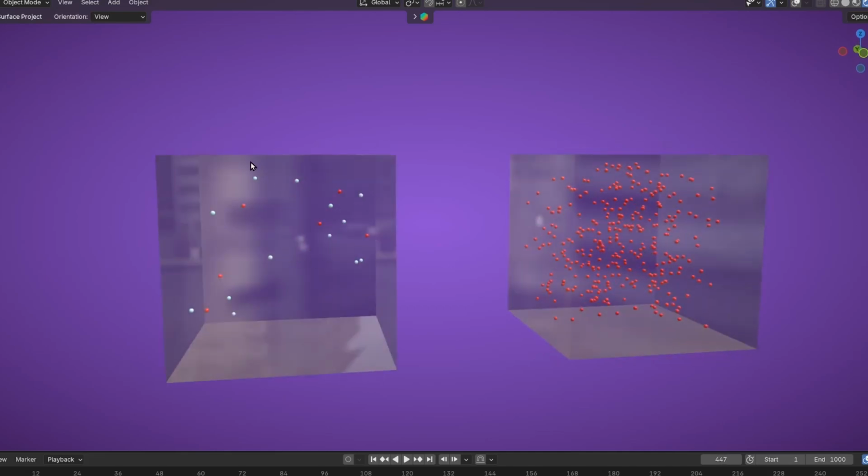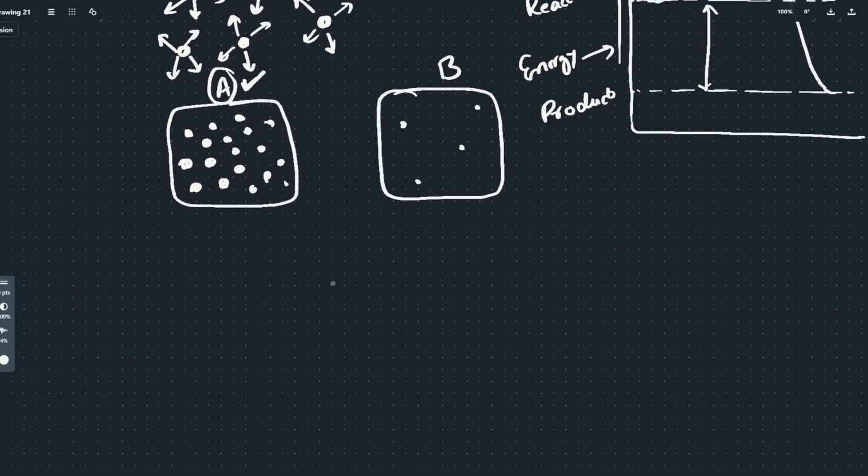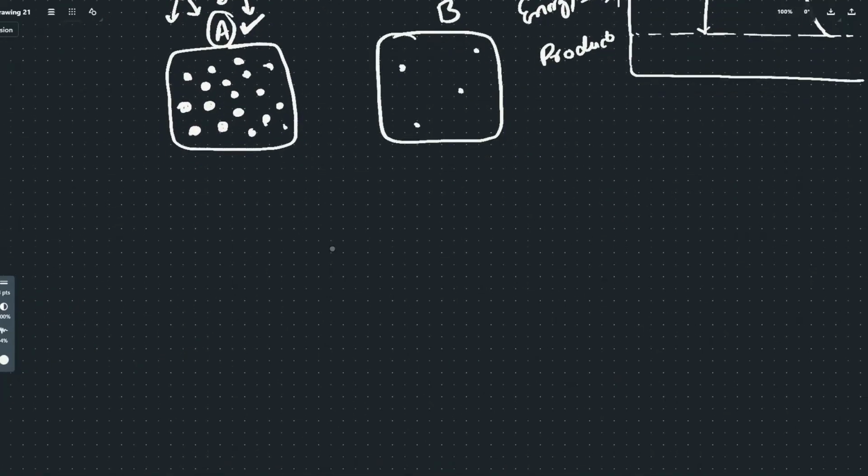But here on the left hand side, because the concentration of reactants is low, it means many are still not energized. So what can we infer from this? If we talk about rate of reaction, this rate of reaction is directly proportional to the concentration of reactants.